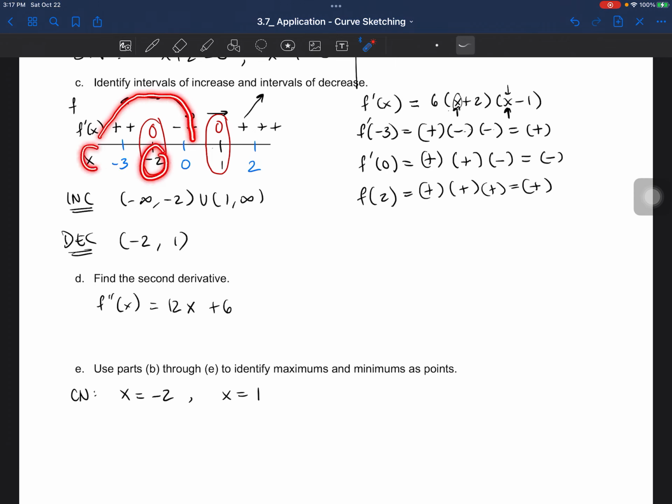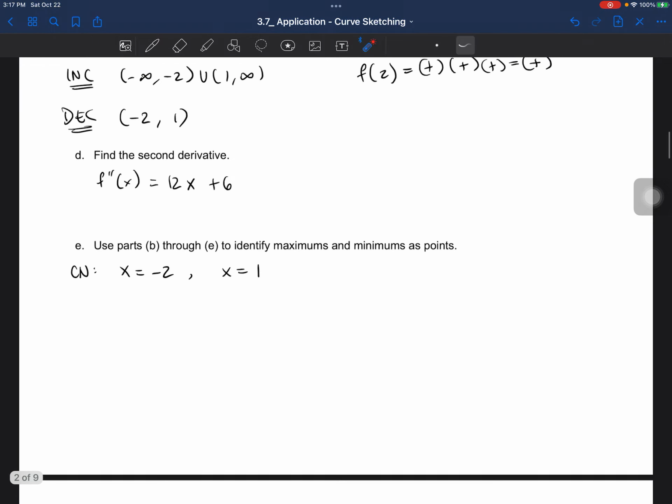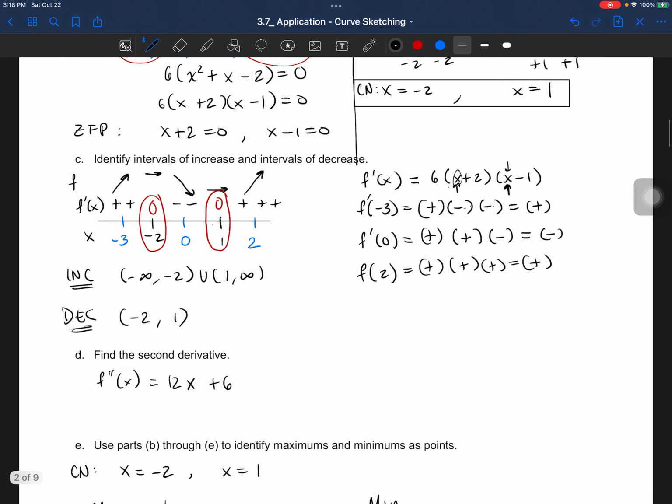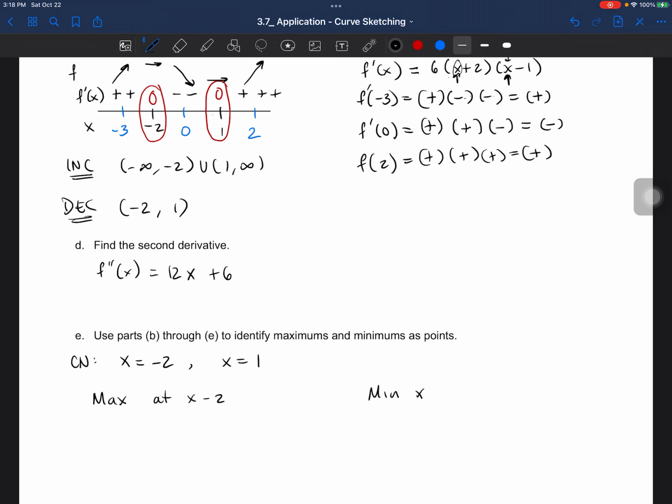So we can look at the graph right here, and since we already did all this work, we can visualize that at x equals -2 this is going to be a maximum, and then at x equals 1 this will be a minimum. So it's kind of neat that we already have this picture here. So let's use that information. So it's a max at x equals -2, and it's going to be a min at 1, right?